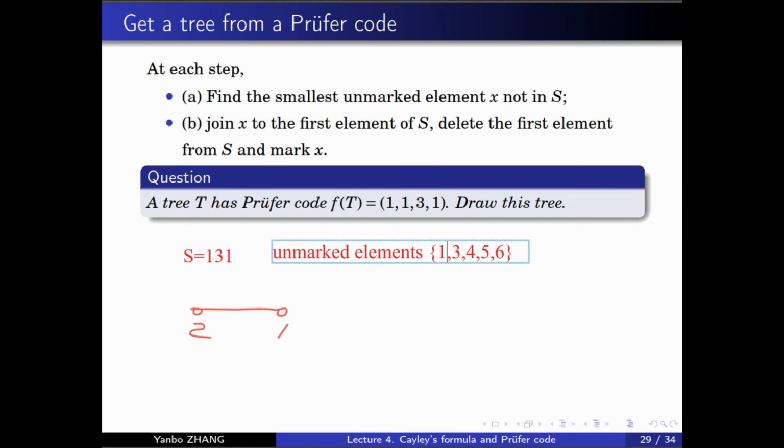So 2 is marked. Now we continue the procedure. At step number 2, find the smallest unmarked element not in S, which is 4. Join 4 to the first element of S, so we join 4 to 1. And delete the first element from S and mark 4.